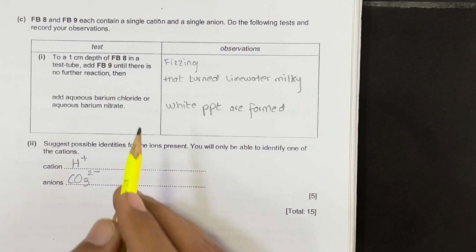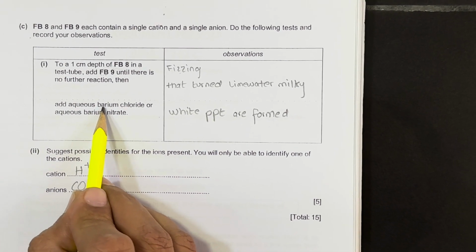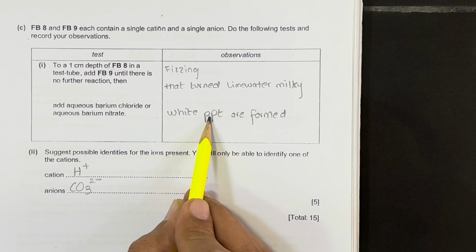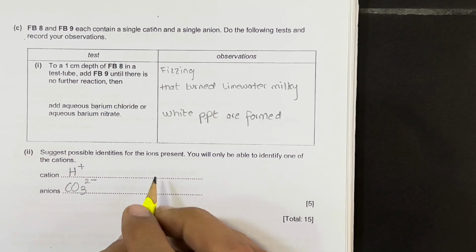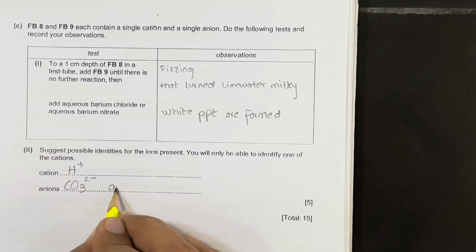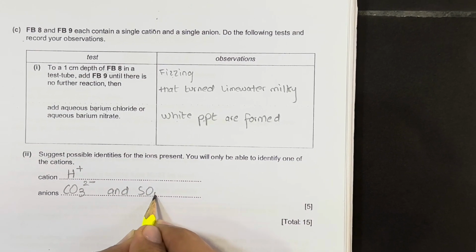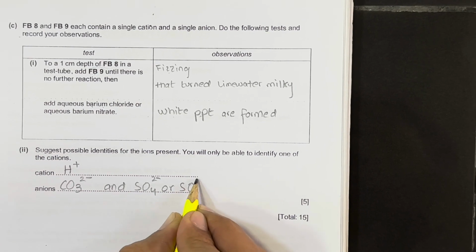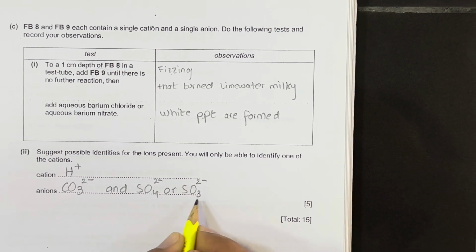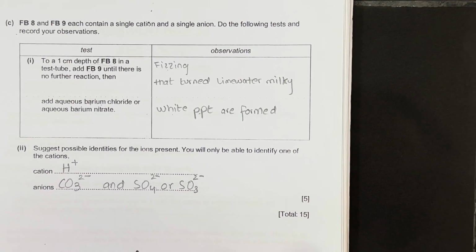After this, we have the observation with barium chloride, which is white precipitates. With this white precipitate observation, we can conclude that sulfate or sulfite must be present. They haven't asked you to confirm, or else we have a test to differentiate between sulfate and sulfite.